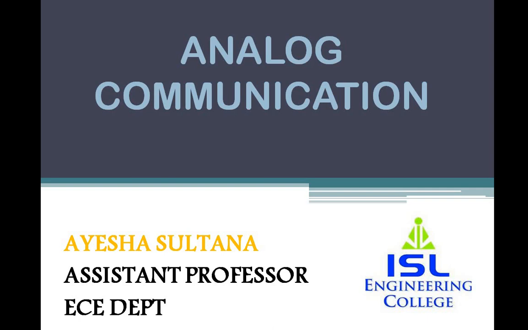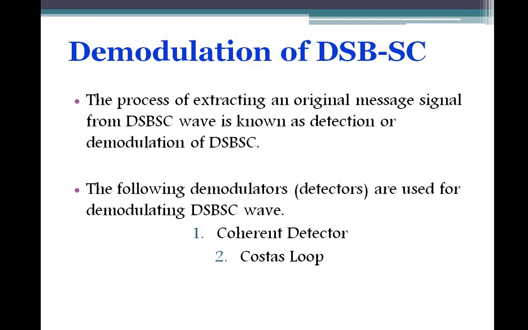Today in this class we are going to discuss how to demodulate the DSBSC signal. Demodulation techniques used for the DSBSC signal mean what output do you have to obtain? Nothing but your original message signal. So what is demodulation? It is the process of extracting the original message signal from a modulated wave.